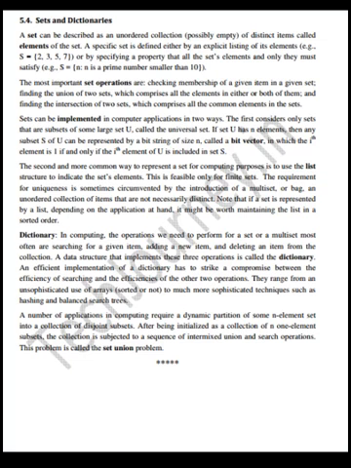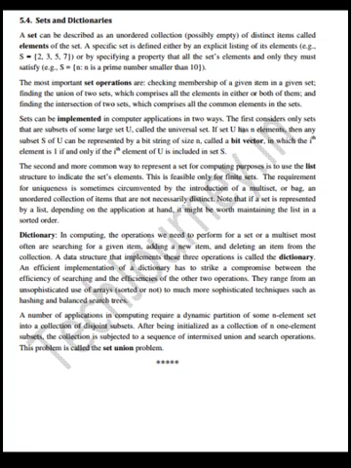The most important set operations are checking membership of a given item in a given set, finding the union of two sets, which comprises all the elements in either or both of them, and finding the intersection of two sets, which comprises all the common elements in the sets.